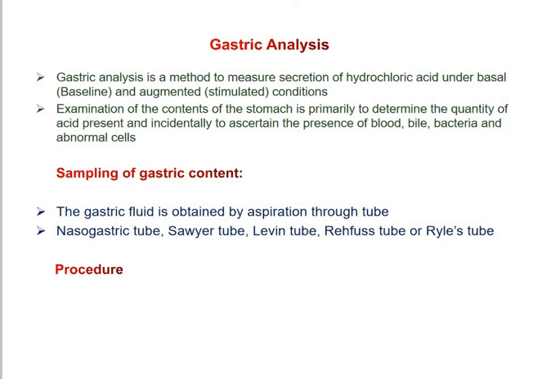Place the tip of the tube on the tongue, held well out, and pass it back to the throat, or introduce the tube along the floor of the nose until the tip turns down into the pharynx. Then the patient is encouraged to swallow quickly until the tube is passed to the desired length of the gastric canal. This is about the sampling of gastric content.